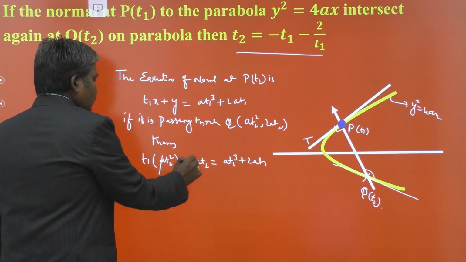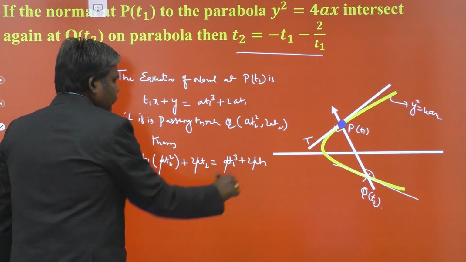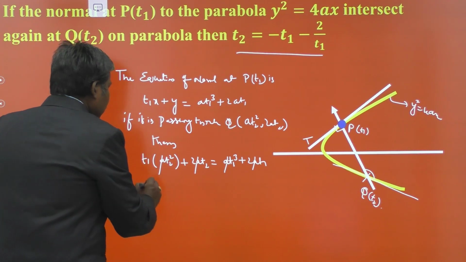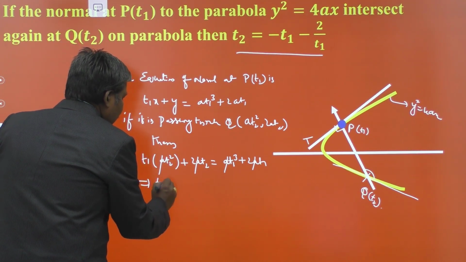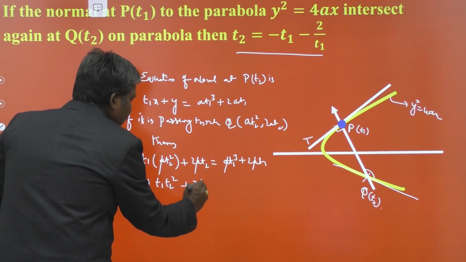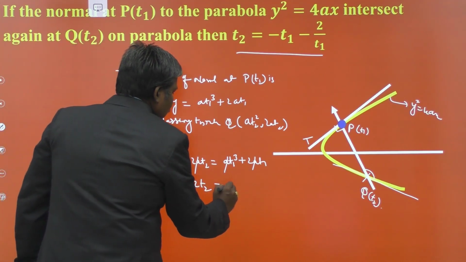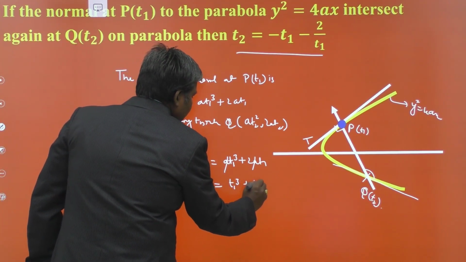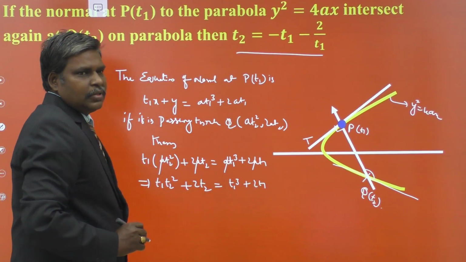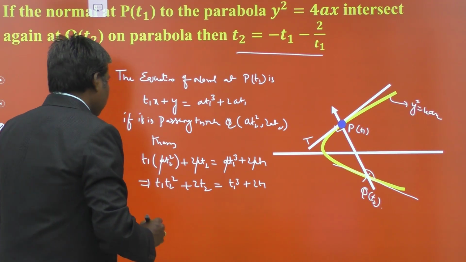So cancel out a on both sides. We get t1 t2^2 + 2t2 is equal to t1^3 + 2t1.